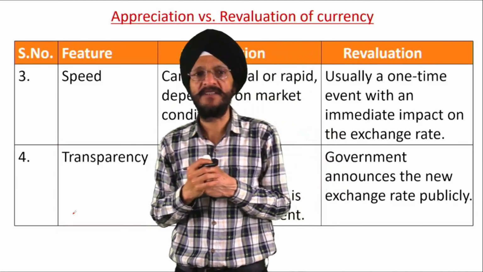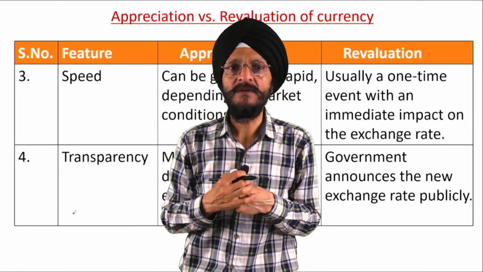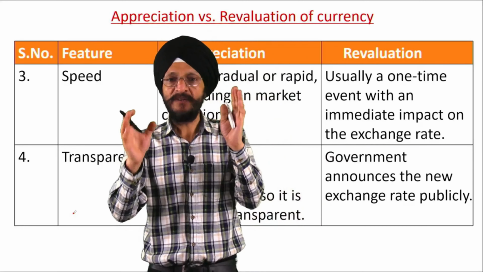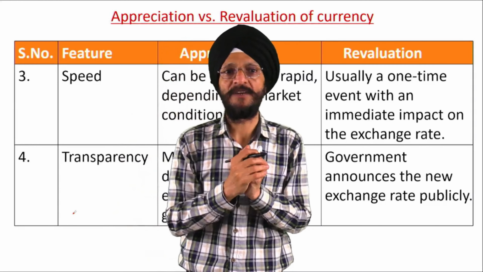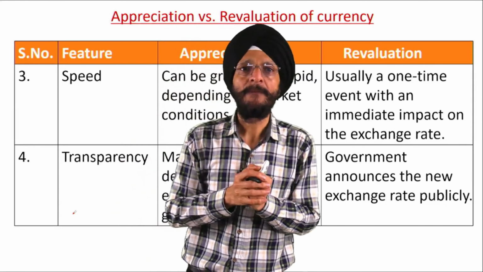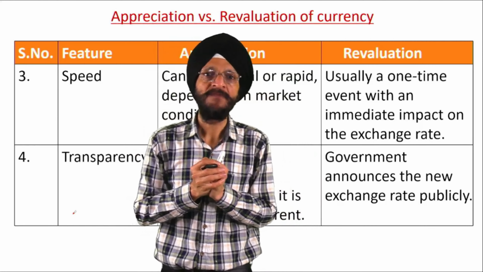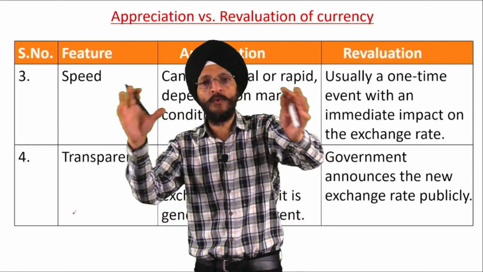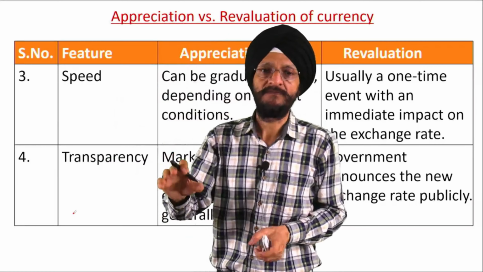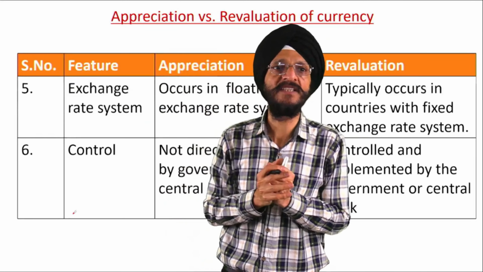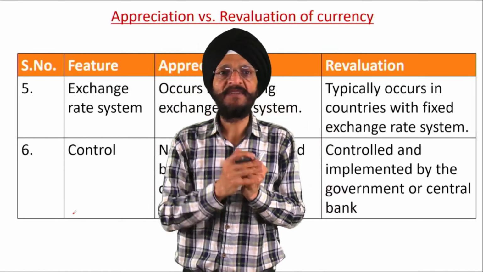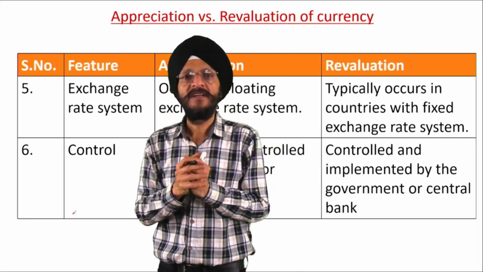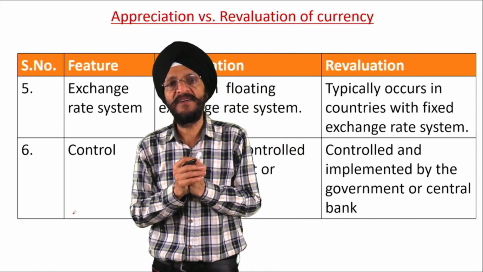Next is transparency. In the case of currency appreciation, market forces determine the exchange rate. That is, demand and supply mostly determine the exchange rate. So it is generally transparent. But in the case of revaluation of currency, the government or the central bank of the country publicly makes an announcement about the exchange rate. Next is exchange rate system. Currency appreciation occurs in a floating exchange rate system, and revaluation generally occurs in countries with a fixed exchange rate system.